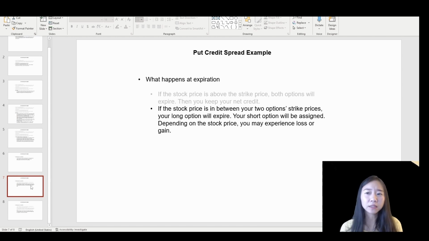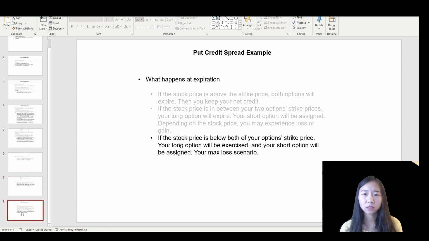So depending on the stock price, you may experience a gain or loss. If the stock price is below both of your options' strike prices, your long option will be exercised and your short option will be assigned. This is your maximum loss scenario.